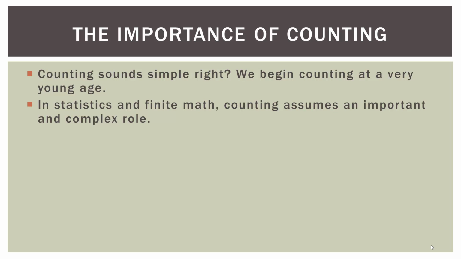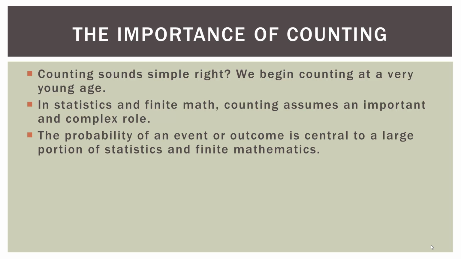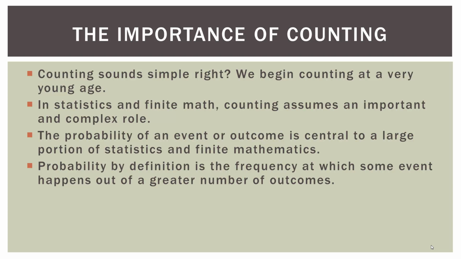But in statistics and finite math, counting assumes a very important and complex role, because the probability of an event or an outcome is central to a large portion of statistics and finite mathematics. Probability by definition is the frequency or the count at which some event happens out of a greater number of outcomes.